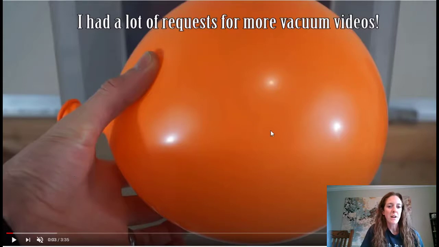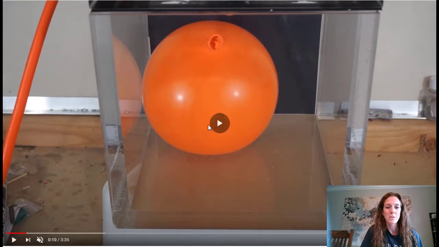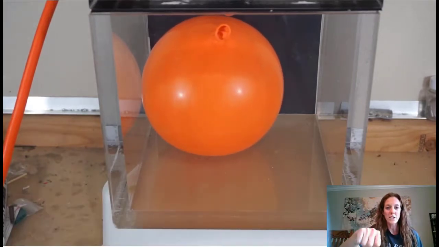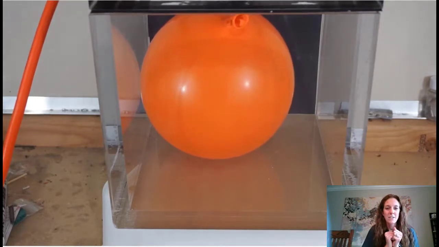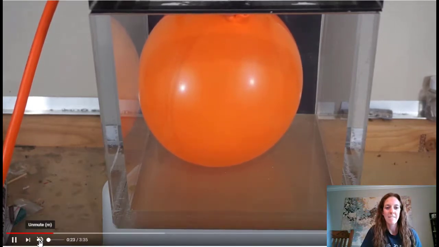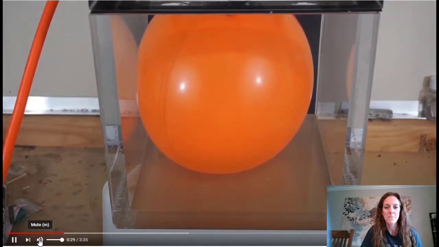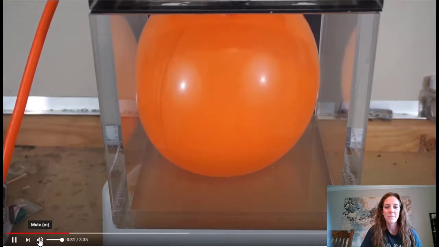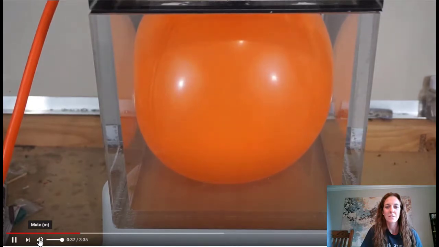Here's another example of a balloon put into a vacuum chamber, where we can see how, when pressure decreases, the volume of the balloon increases. Hear that vacuum. Look how big it's getting. It's going to fill up our whole chamber. Might pop.